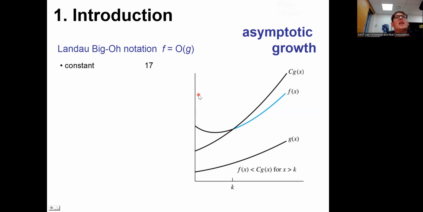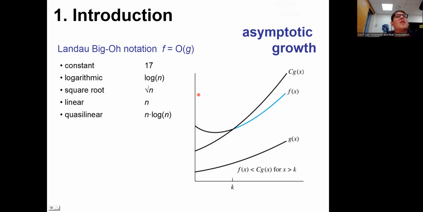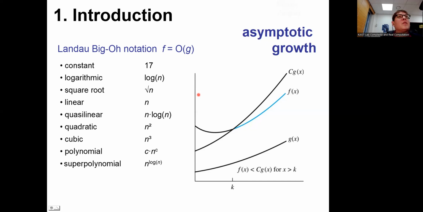Here you see some example classes of asymptotic growth: constant growth like 17, logarithmic growth, square root, linear growth, quasi-linear growth, n log n or n log squared n, quadratic growth, n squared, cubic growth, n cubed, polynomial growth, n to the c for some constant exponent, where the value of the exponent is again ignored according to a paradigm of abstraction.